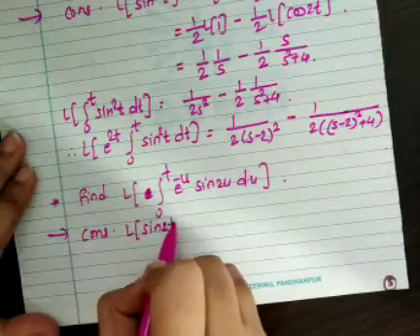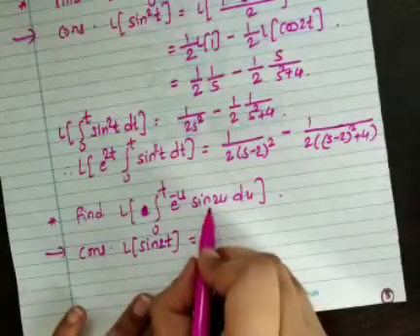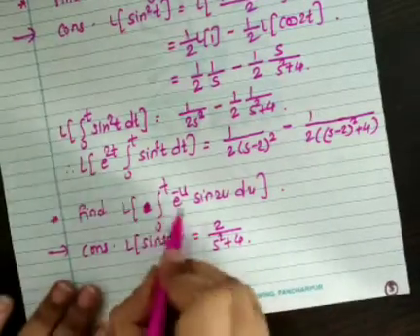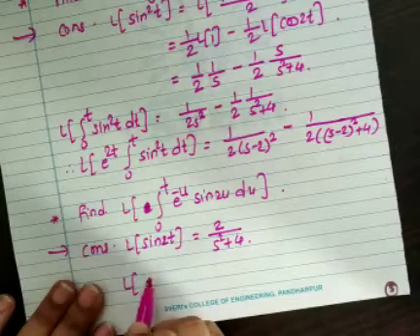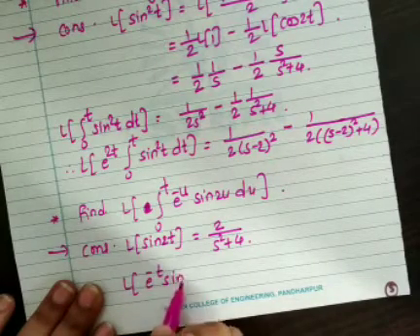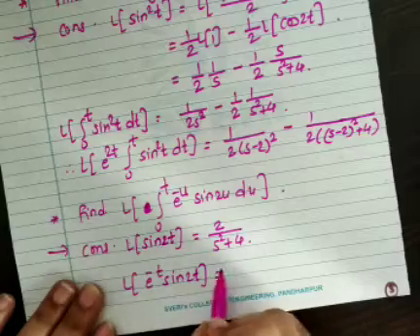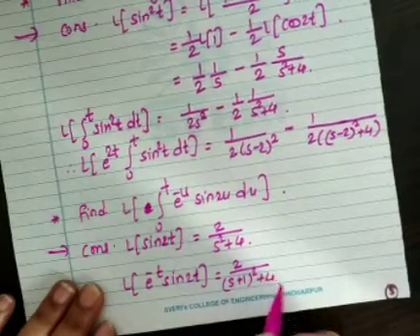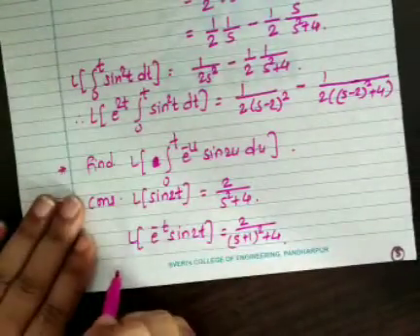We take t while considering. So Laplace of sine 2t will be 2 upon s square plus 4. Then on that there is first shift, e raised to minus t sine 2t will be 2 upon (s plus 1) square plus 4. And on that there is integration.